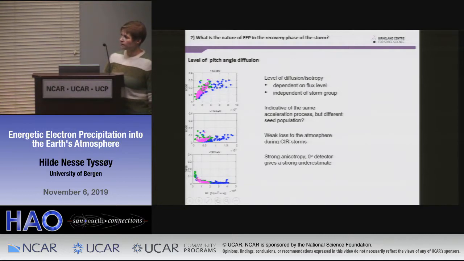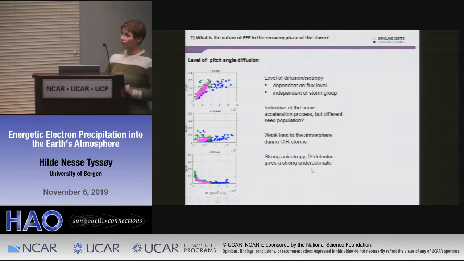So it seems like it's more the level of flux that, not necessarily decides, but corresponds to a certain anisotropy. This implies that basically this CIR storm will, even though the radiation belt grows, deposit very little of these particles into the atmosphere.